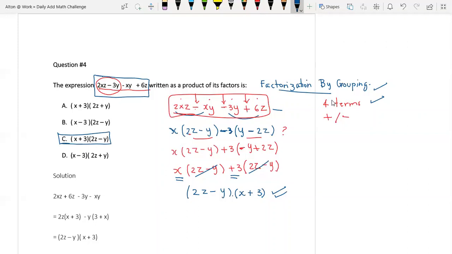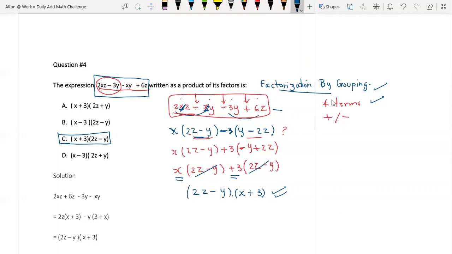So we did write minus xy, because once you do that, you can actually identify your x, which is a common factor in these 2 terms. We factor out that x, we are left with 2z minus y. That's what we have here.